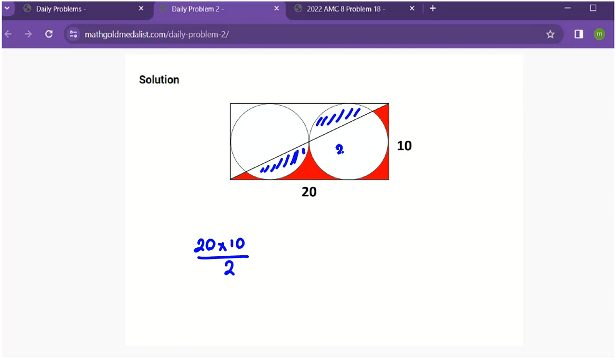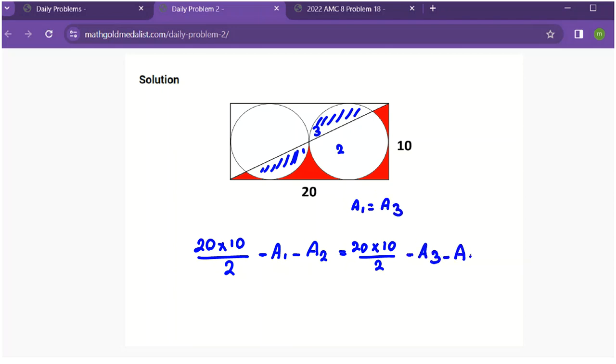We should subtract area 1 and area 2, minus A1 minus A2. We call this region 3, so we know A1 equals A3, so we can say 20 times 10 over 2 minus A3 minus A2, replacing A1 with A3 because A1 equals A3.